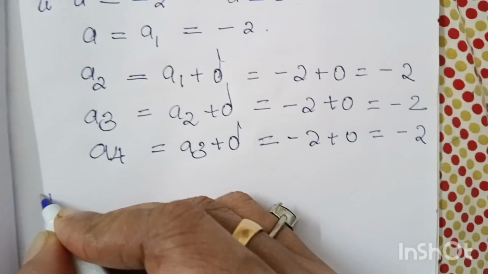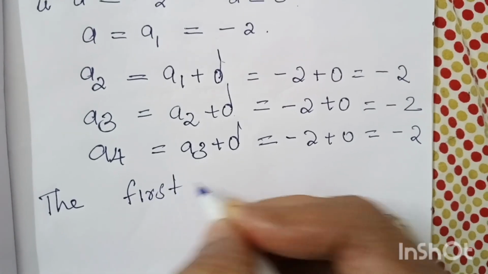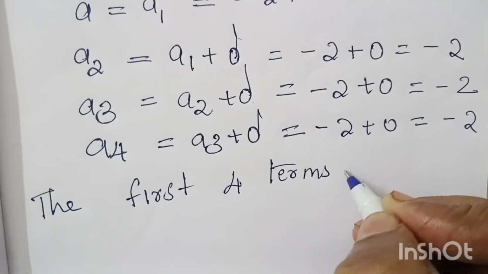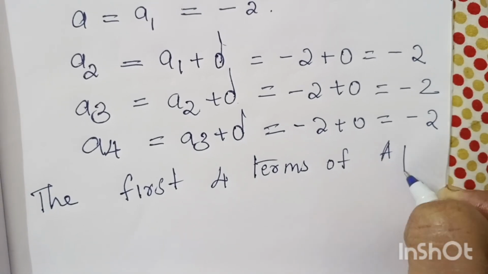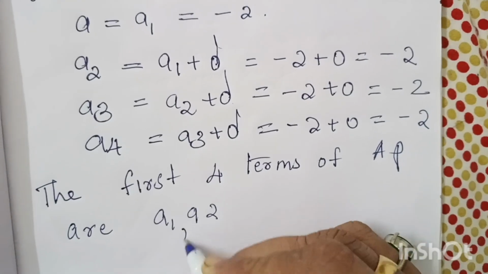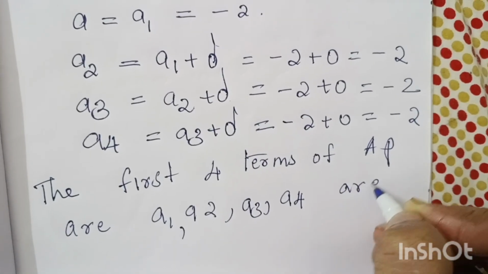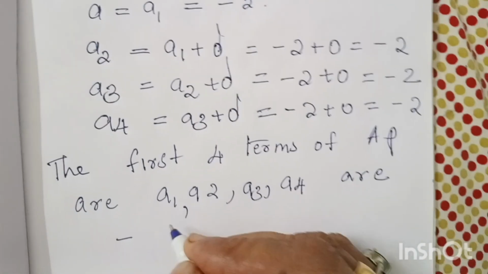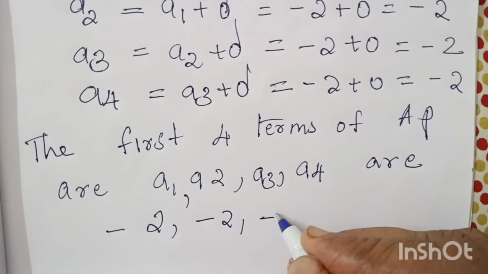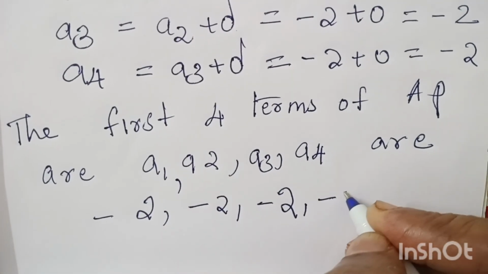So the first four terms of the AP, a1, a2, a3, a4, are minus 2, minus 2, minus 2, minus 2.